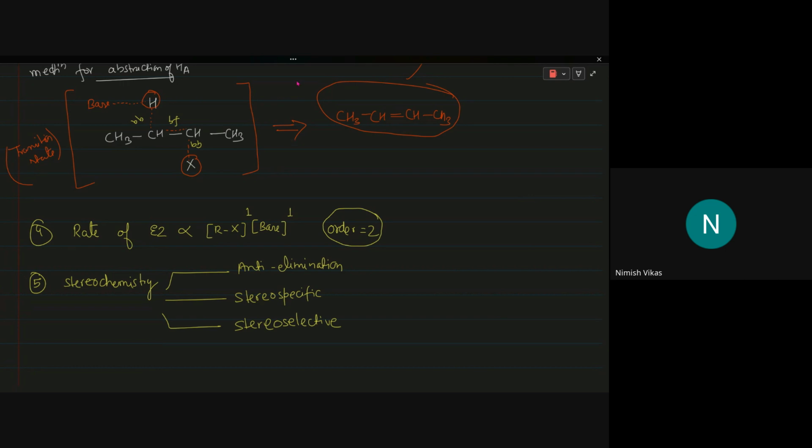Now I won't be writing the definition of this, just quickly I will explain. Stereospecific simply means that when one stereoisomer of the reactant takes part in the reaction, but the other does not.